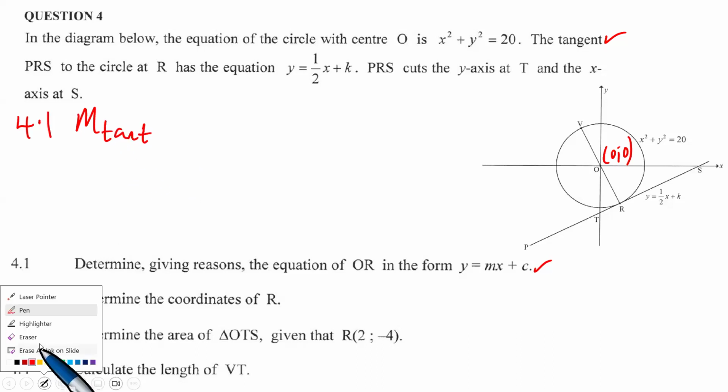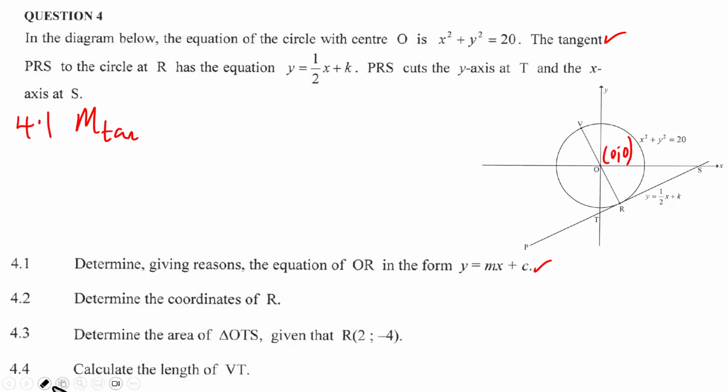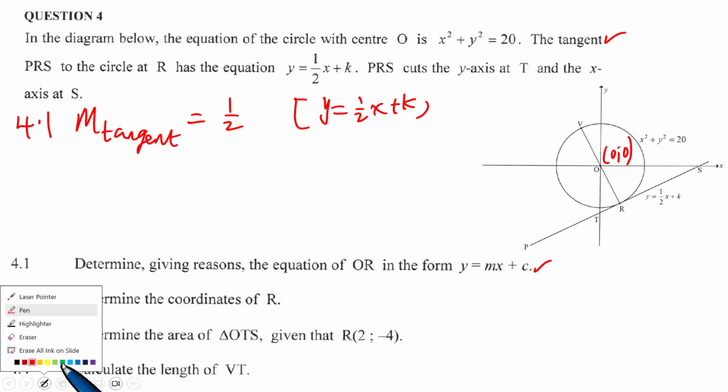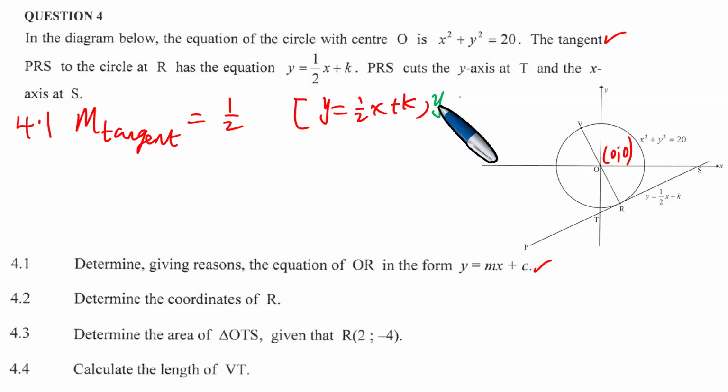The gradient of the tangent is 1/2. What is this tangent doing? It is touching the circle at most at one point. And why are we saying the gradient is this? Because the equation is y equals 1/2 x plus k, y equals mx plus c.